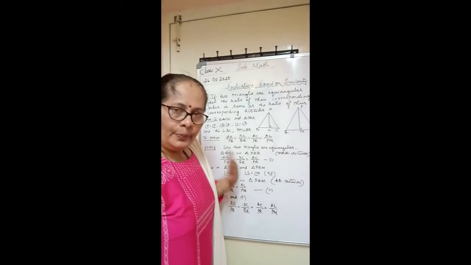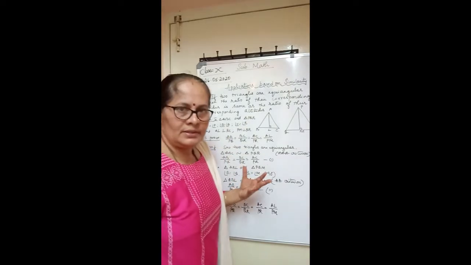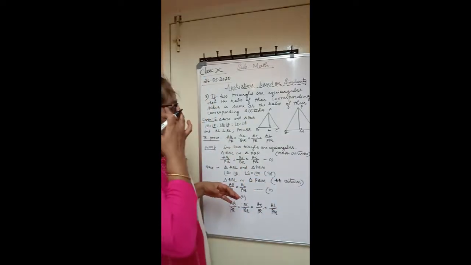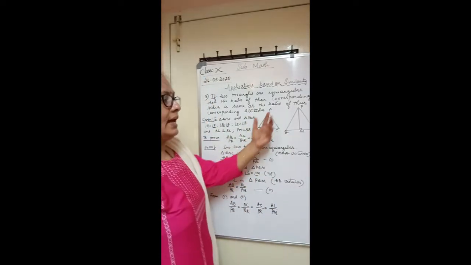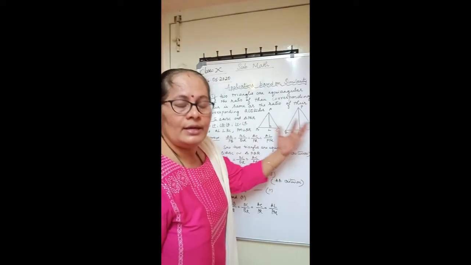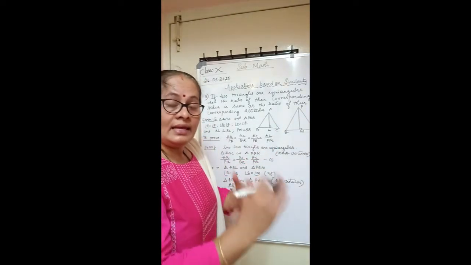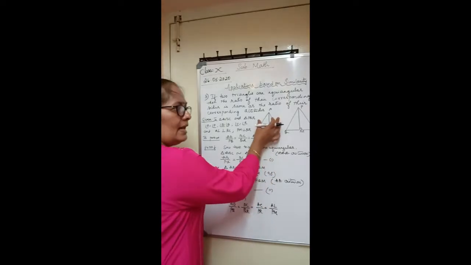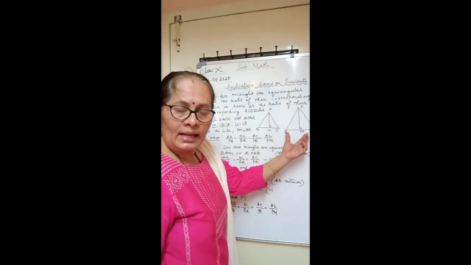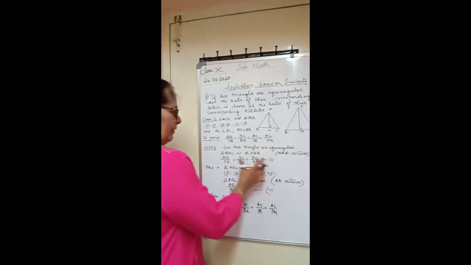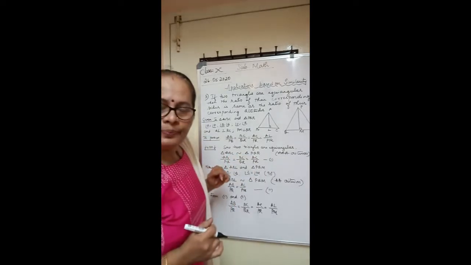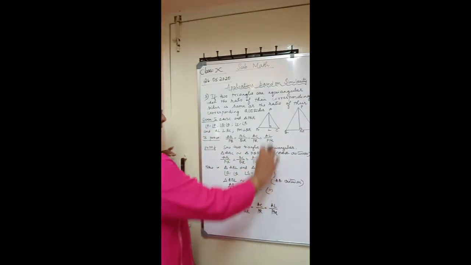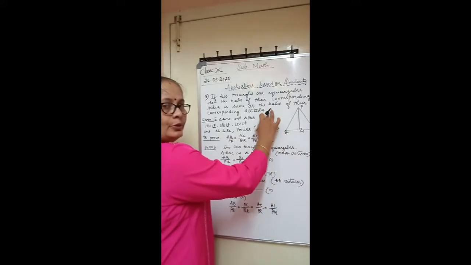Now, whenever writing a proof, we have to start from the given, right? So what is given in this? Here it is given that two triangles are equiangular. So by the AAA criterion, triangle ABC is similar to triangle PQR. When triangle ABC is similar to triangle PQR, then their corresponding sides are proportional.